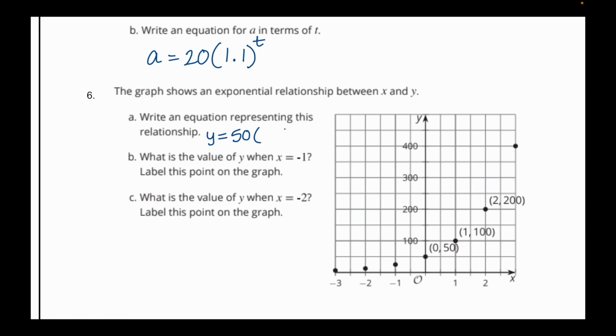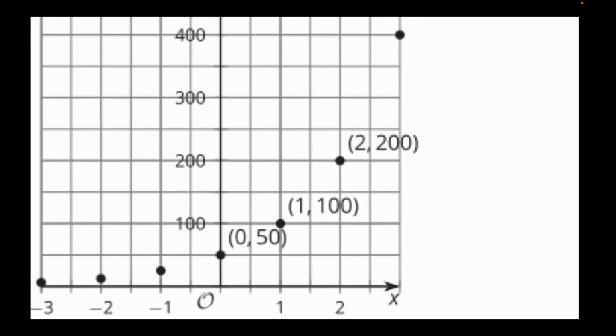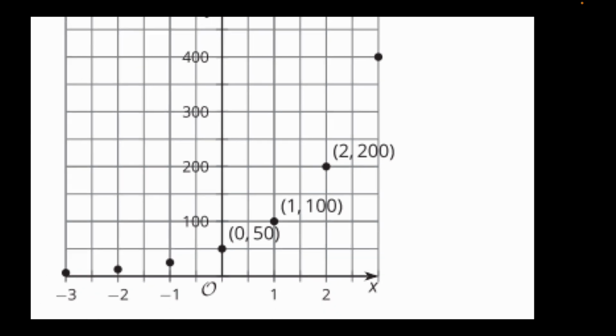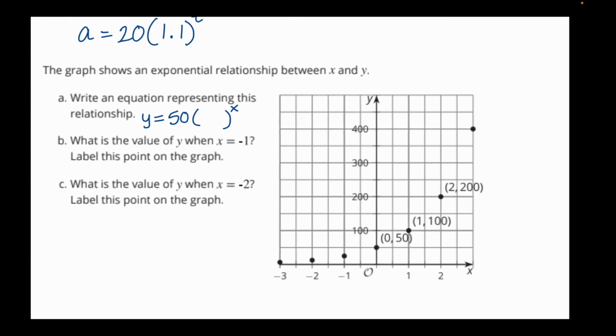Now I need to figure out what my growth factor is, and then I will have x as my exponent. If we look at our graph here, 50 is increasing to 100, and then that's increasing to 200. This sounds to me like we're multiplying by 2 each time. And yeah, that is what's happening. So 50 times 2 to make that, and times 2 to make this. So my growth factor here is 2.